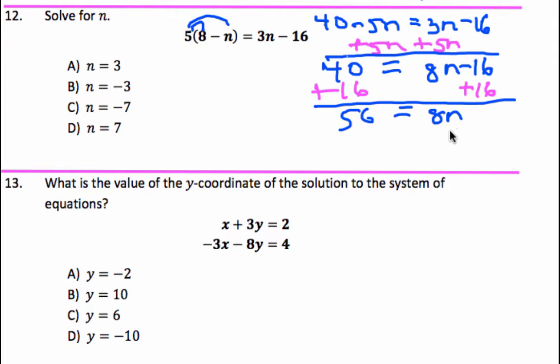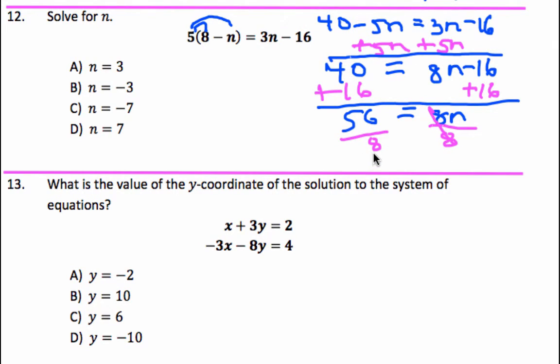To remove the 8, since we just want 1n, and since 8 is multiplying the n, the way to undo multiplication is to divide. So we'll divide both sides by 8. On the right side, the 8's will cross out, and the final answer will be 7 equals n, which is choice D.